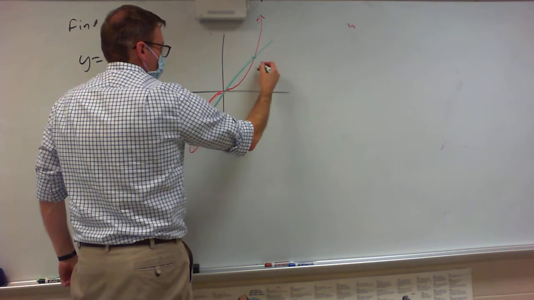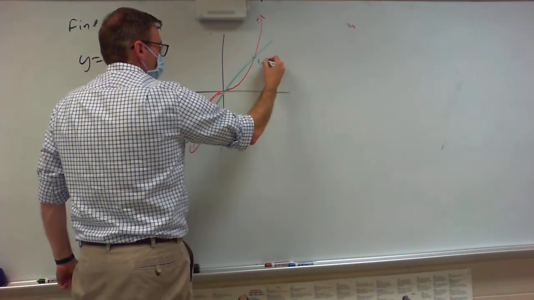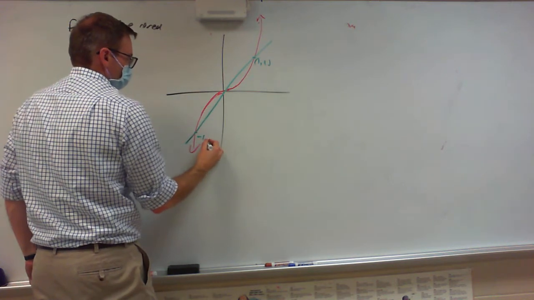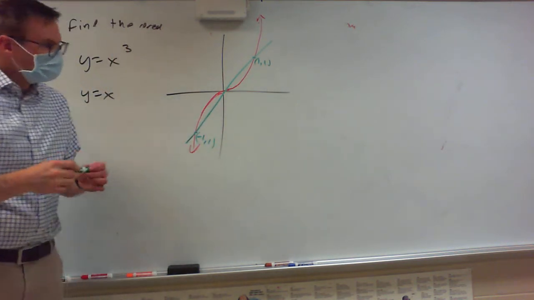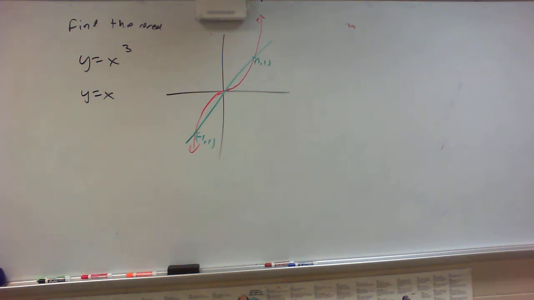And I'm even going to tell you that this is going to be the coordinate 1, 1. This is going to be the coordinate negative 1, 1. Actually, on the screen, it doesn't look that bad. I don't think it looks great with how I drew it, but all right, everybody okay with this? Everybody see the two regions?